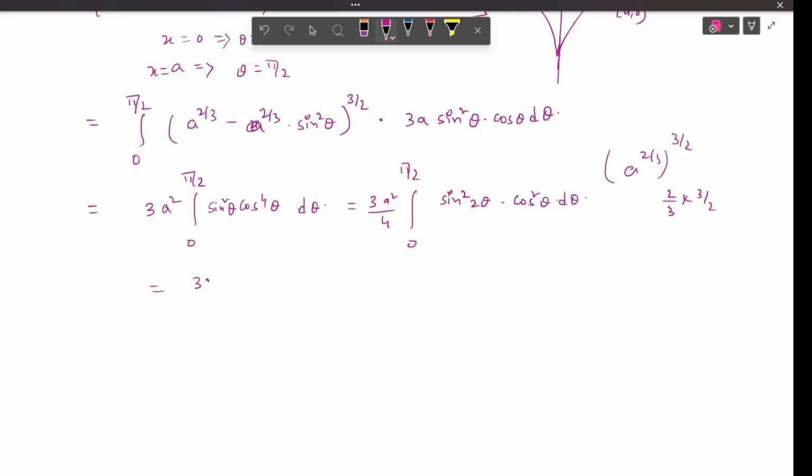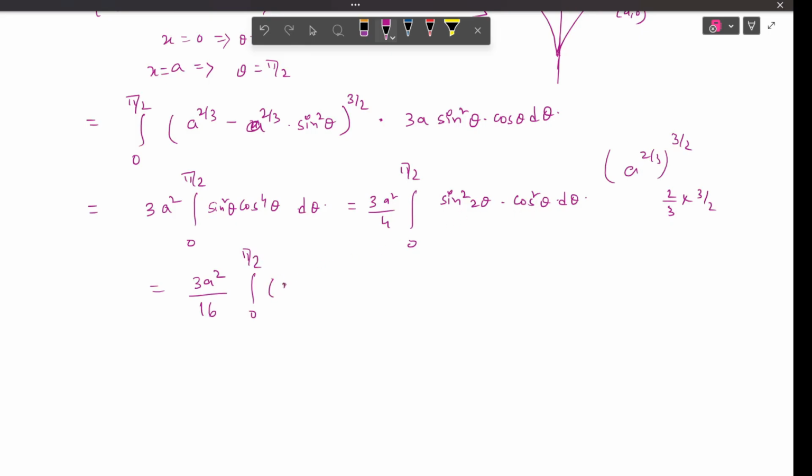So this would be 3a square by, let us say, 16, multiplied and divided by 4. This would be 0 to pi by 2. We multiply by 4 here.